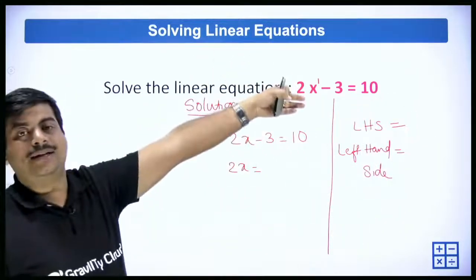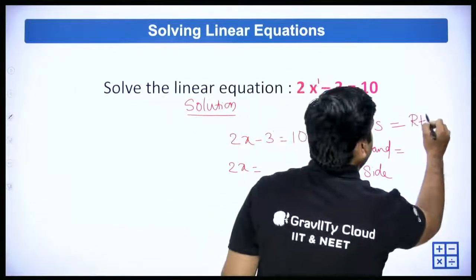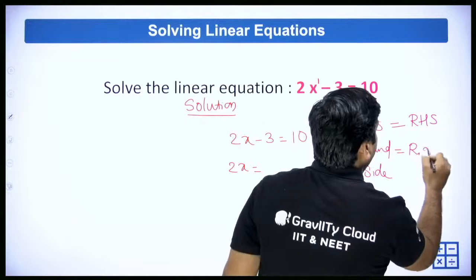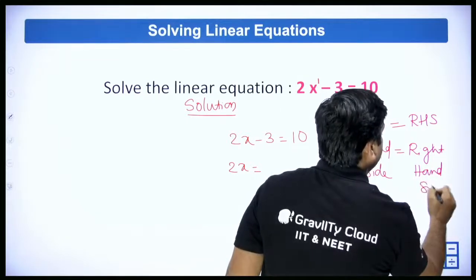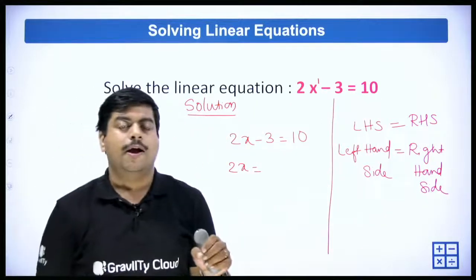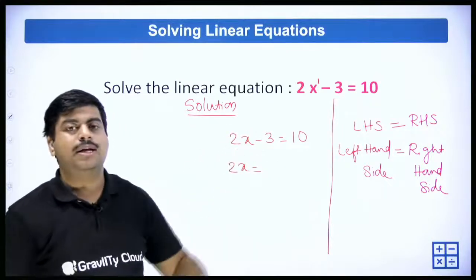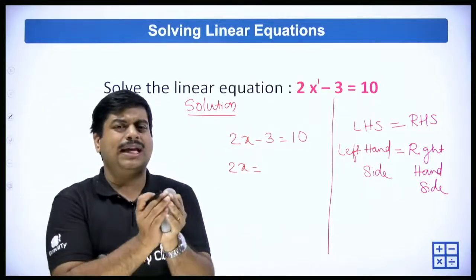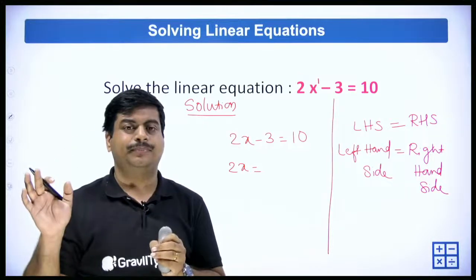And the other part, the right side part, is called RHS, which is called right hand side. So now the point is, whenever you want to find the value of x in the equations, you should have only x at one side, all the remaining values on the other side.